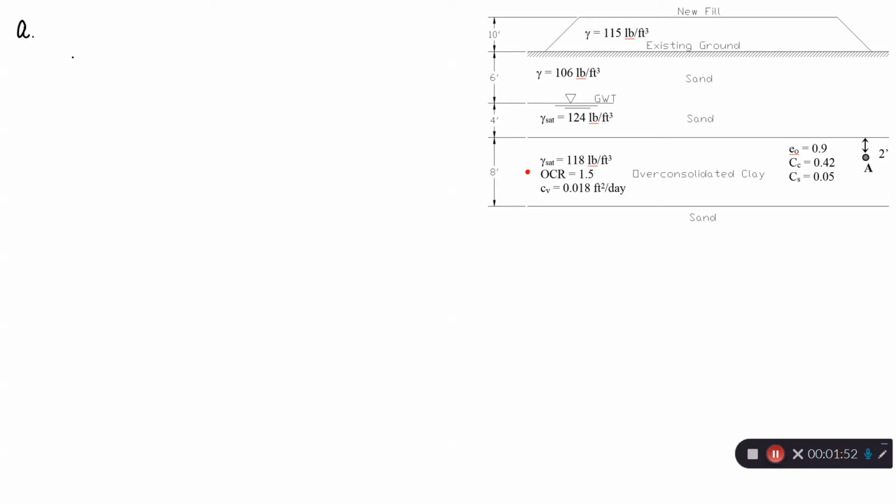Okay, so let's estimate the initial effective stress. Initial effective stress takes place when the field is not placed, right? So before the field is placed on the soil, and we know the groundwater table is here, the initial stress would be the total stress minus the pore water pressure. So the total stress is all the stress above the point, except the field.